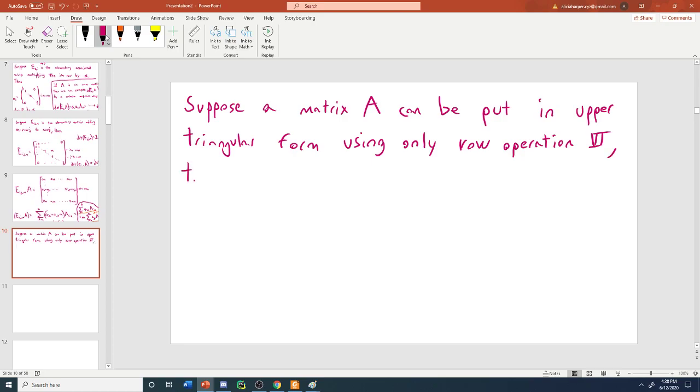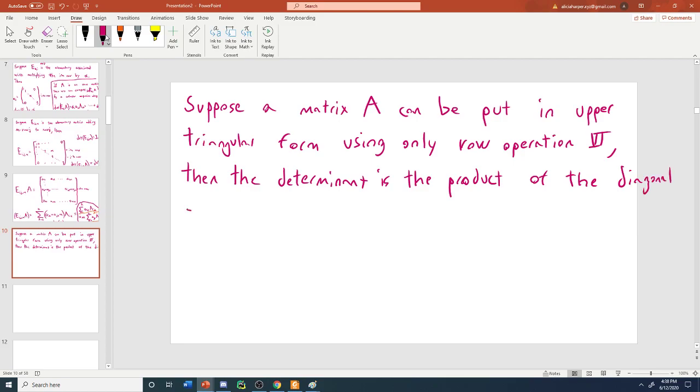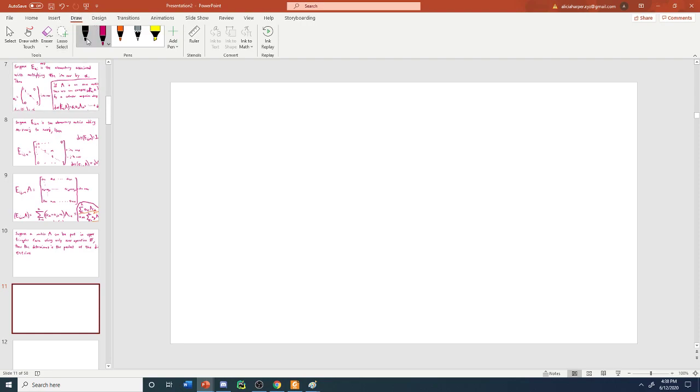Then the determinant is the product of the diagonal entries. So, let's see how this works in practice. I'm going to start with a matrix. My matrix is going to be A.